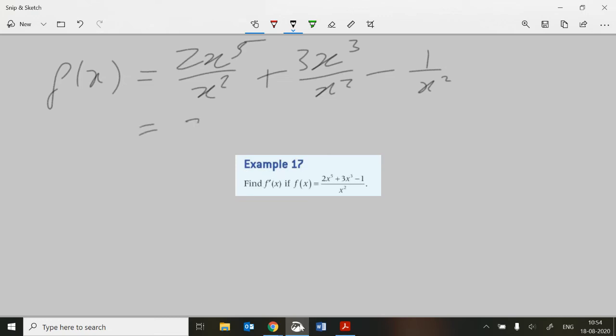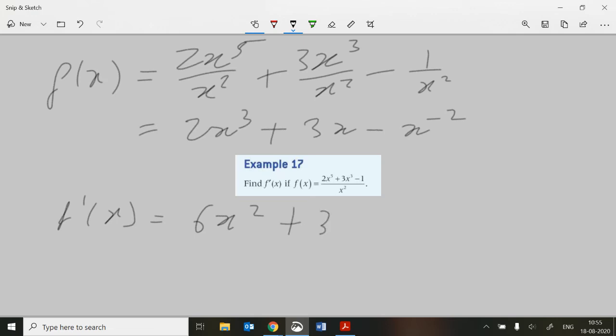So we're getting 2x cubed plus 3x minus, let's put it in its index form, x to the power of minus 2. So now f dash of x is equal to 6x squared, times by the 3, reducing the power by 1, plus 3, that's just like mx, and then plus 2x to the power of minus 3.